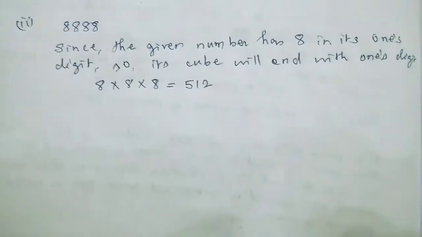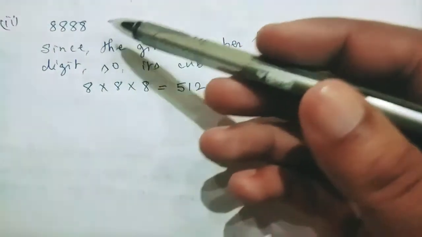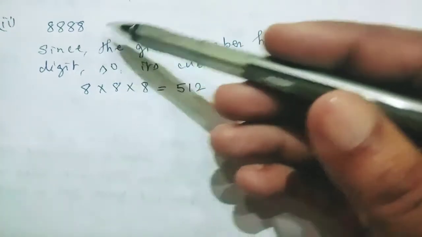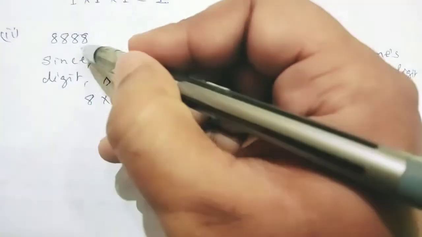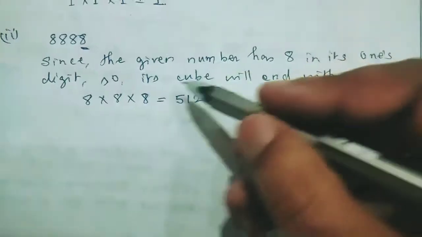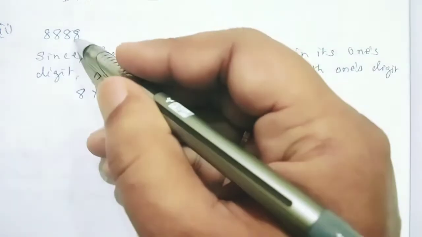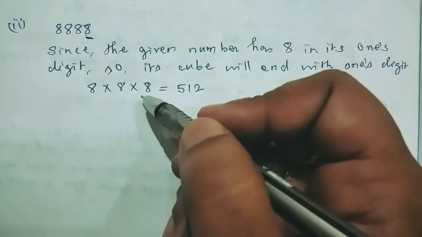Very easy. So you can see here question 2 is 8888. What will be the ones digit of this cube? Since the given number has 8 in its ones digit, you have to multiply this ones digit 3 times, 8 into 8 into 8, because we are finding the cube.